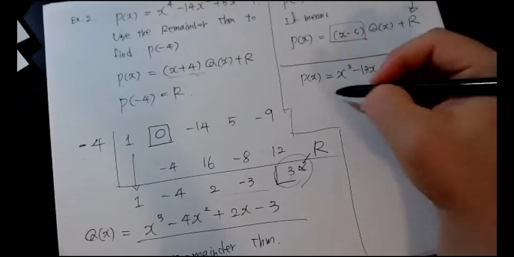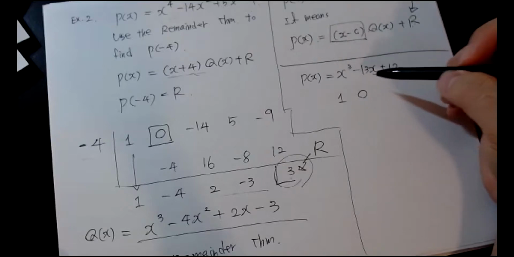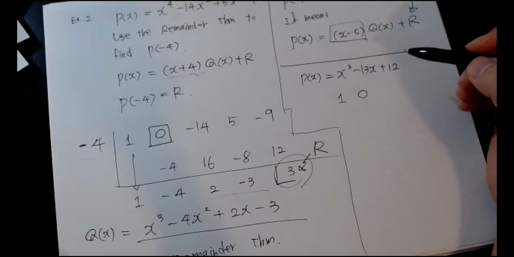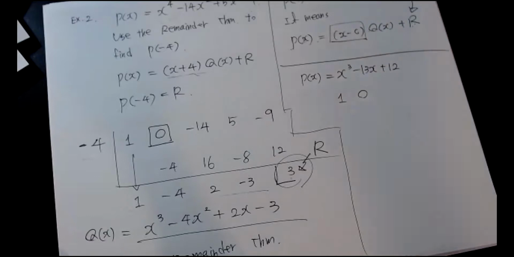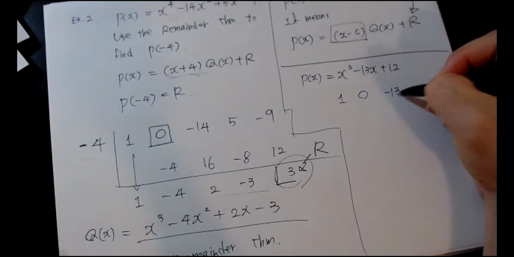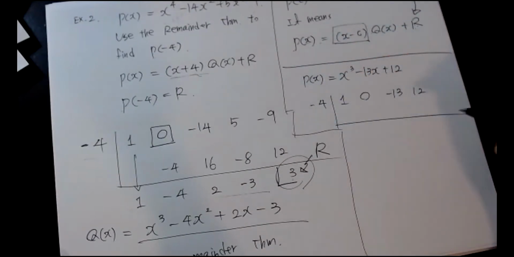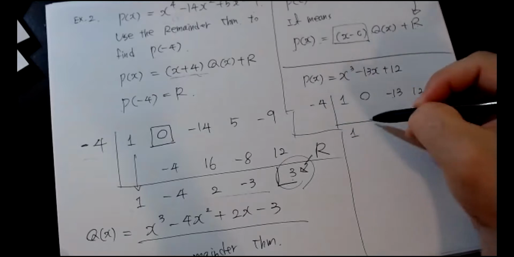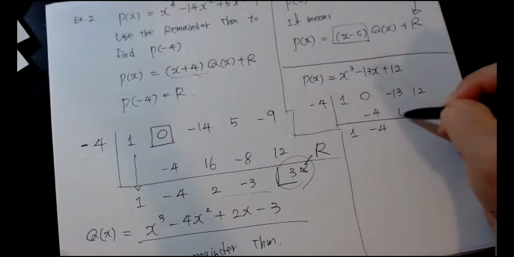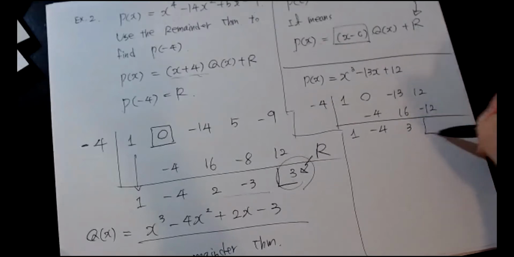We divide this p of x by x plus 4. So the coefficients are 1, 0, negative 13, and 12. Let's put the negative 4. We get 1, negative 4, 3, and then negative 12 leaves a remainder of 0.